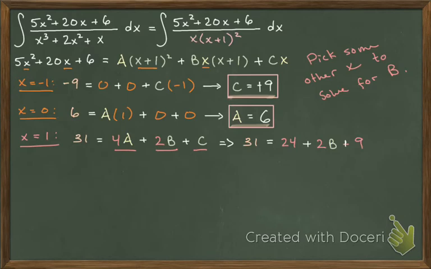Okay. When all is said and done there, I subtract 24, and I've got, what does that give me? A negative 7. And then I subtract 9, and somehow I end up with a wrong value.